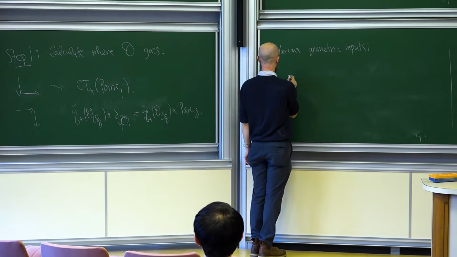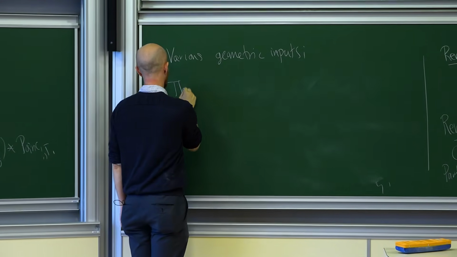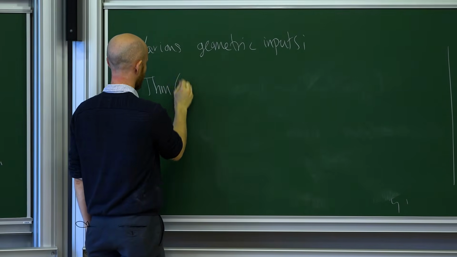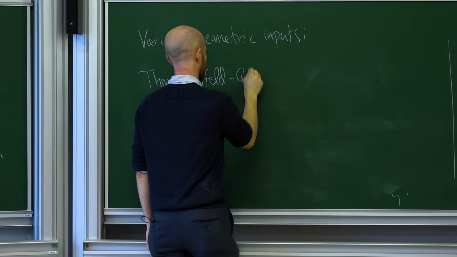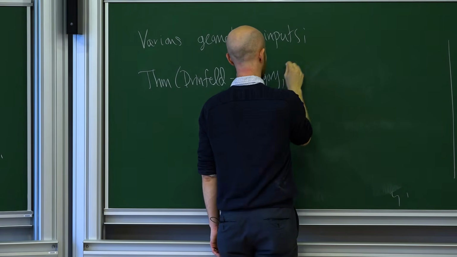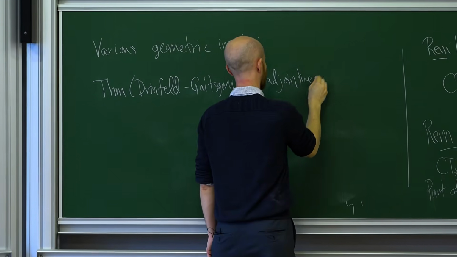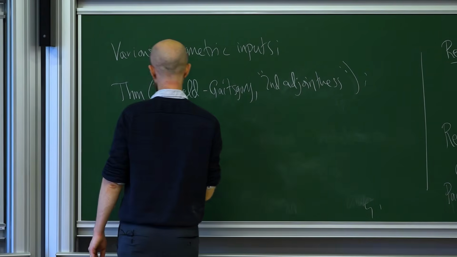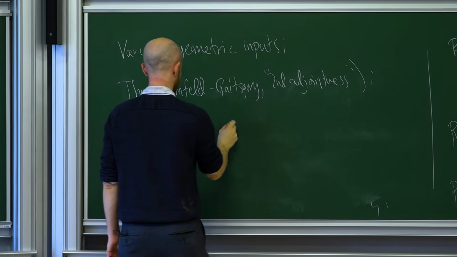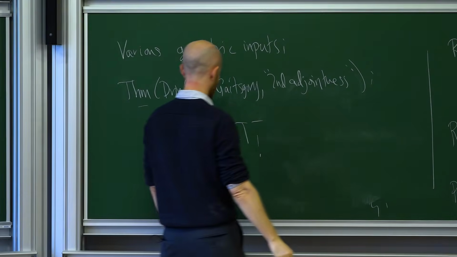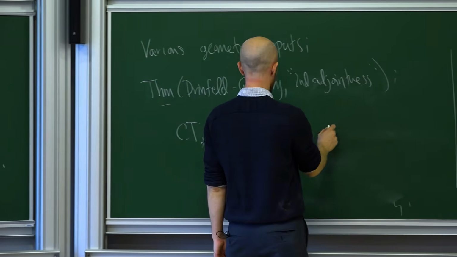And so there's a theorem due to Drinfeld and Gaitsgory, and it's this second adjointness in this world. Bernstein style second adjointness, and it says that this constant term functor is equal to the shriek version of the constant term functor, but for the opposite parabolic.